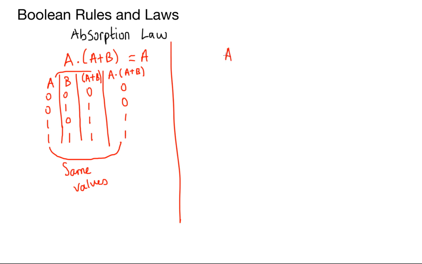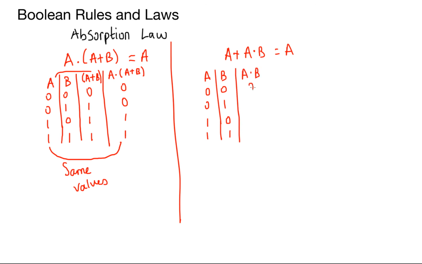The law of absorption also applies for our OR terms. So A or, A and B, will produce just A. So let's have a look. The truth table again gets drawn as normal, A and B inputs, and we have 0, 0, 0, 1, 1, 0, and 1, 1. And from this, I'll do my A and B column.